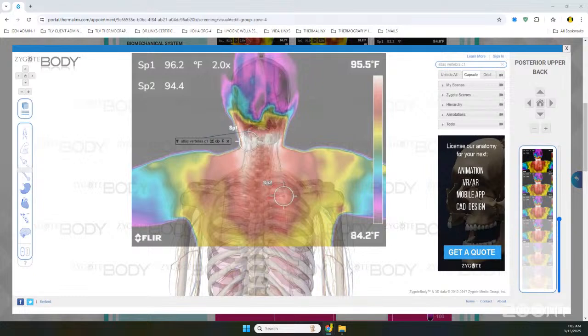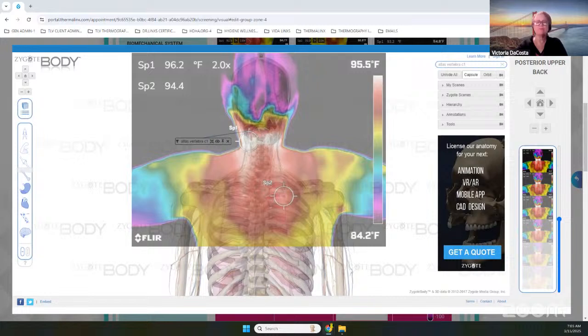Victoria has developed over the last 20 years a really robust software that will upload all kinds of images from her thermography practice and overlay it with dental photographic images, putting together a story that will help support the dentist, the myofunctional therapist, the thermographer, the ENT, and so on. It just goes on and on, all the collaborative partners that you would need in a kaleidoscope of collaboration.